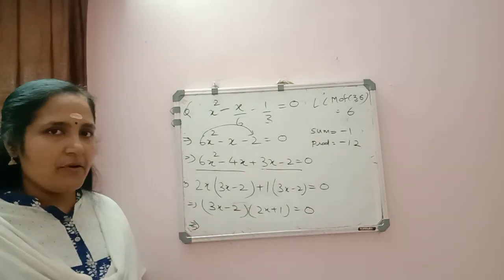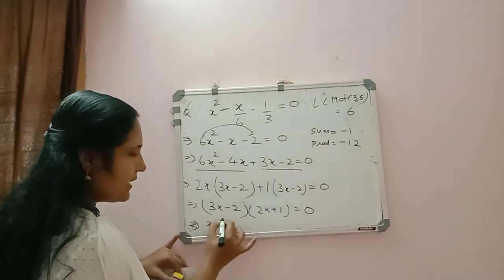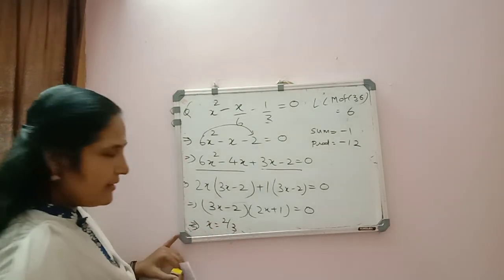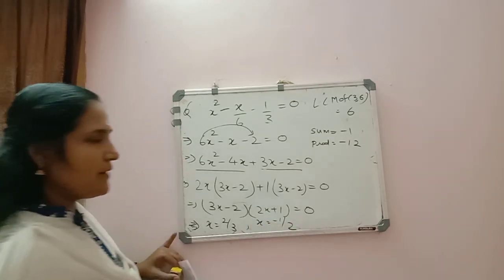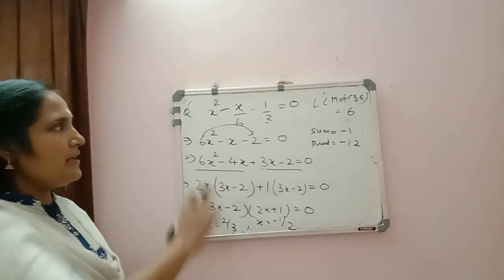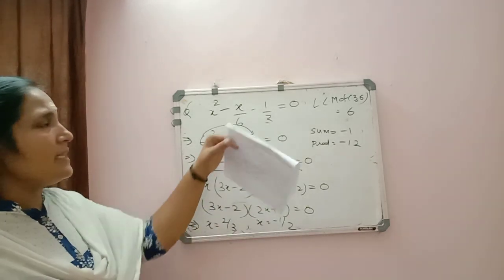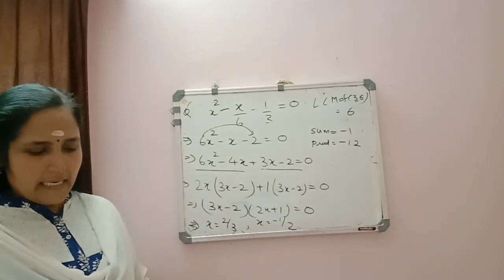Equate each factor to 0. Then one value is x is equal to 2 by 3 and another is x is equal to minus 1 by 2. These are the two zeros of the polynomial. So whenever fractions are there, you can remove the fraction and then simplify.